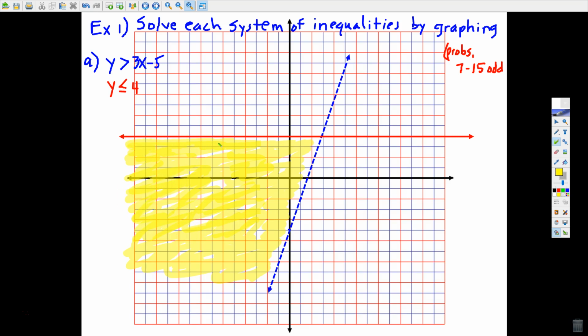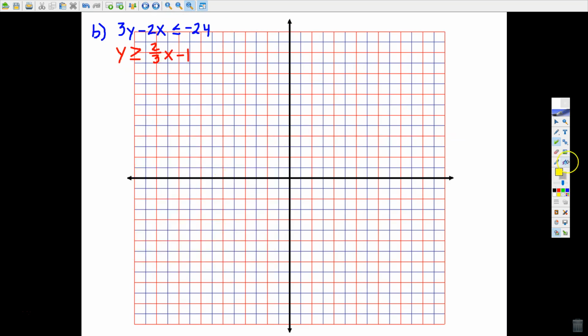Okay, so that's a pretty simple example of how to solve a system of inequalities. So let's just take another similar example, and then we'll move on to a few more challenging problems. I'm going to go ahead and solve for y in the blue here. You could graph this by intercepts if you choose, and it would be okay.